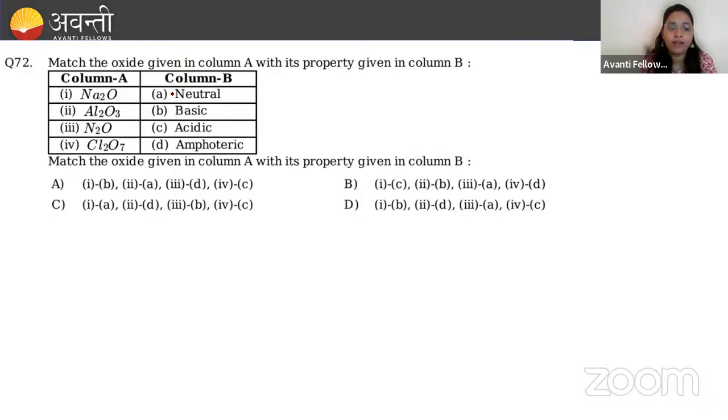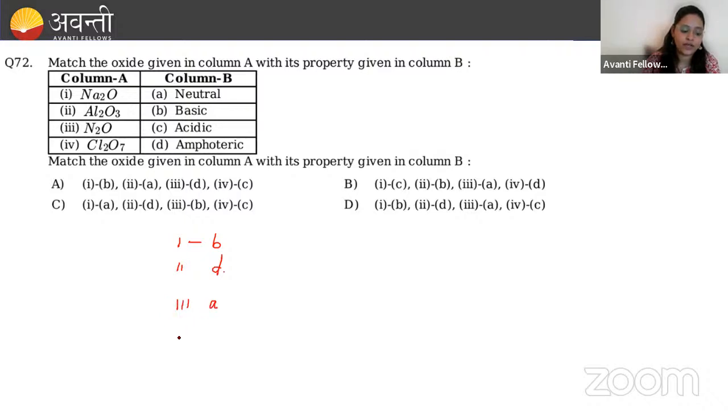That is option A. Okay, first is basic. Al2O3, which type? Al2O3 is amphoteric in nature. Okay. Next, N2O is neutral in nature.